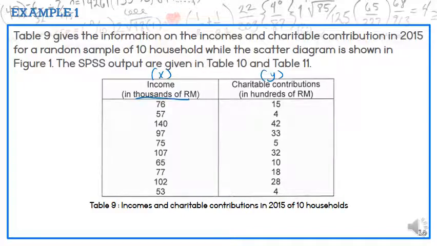Thousand of RM, hundreds of RM. So you have 1, 2, 3, 4, 5, 6, 7, 8, 9, and 10 pair observation. So here, your N is 10. You have 10 pair observation. 10 pasangan nombor.